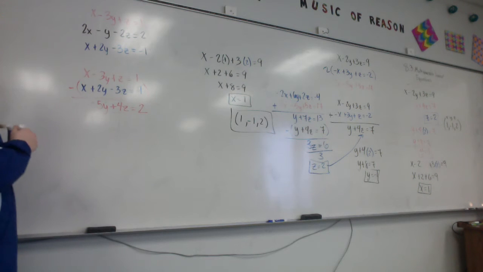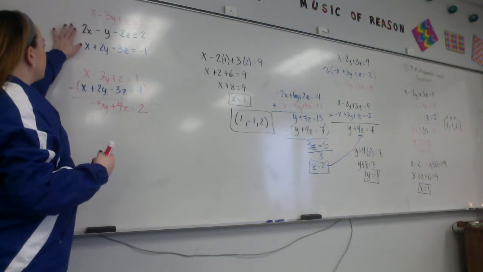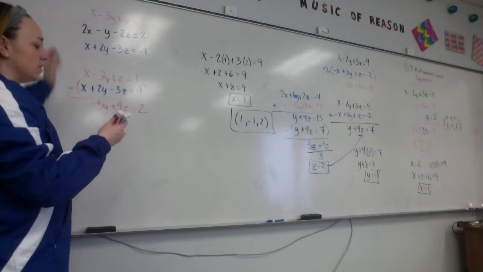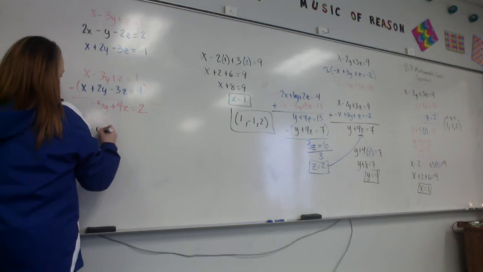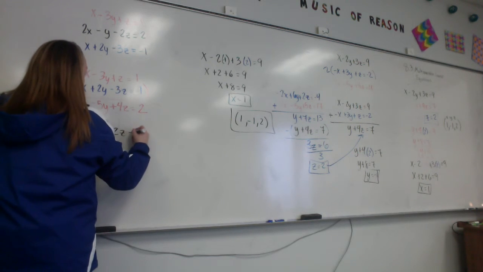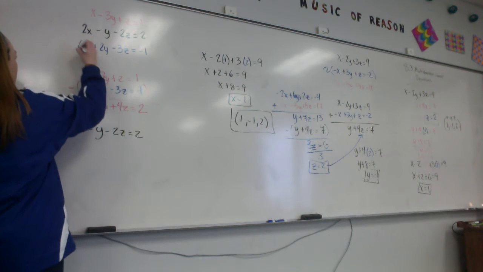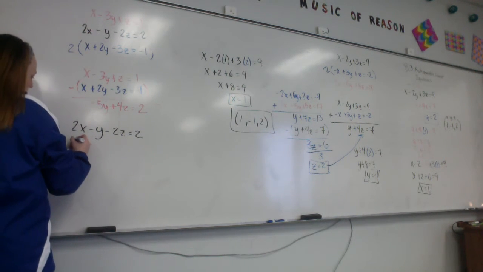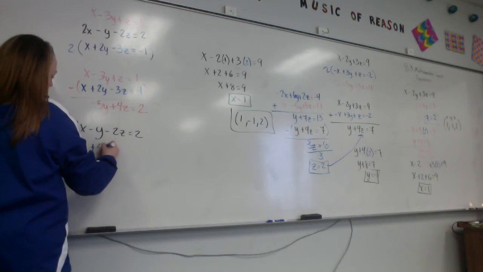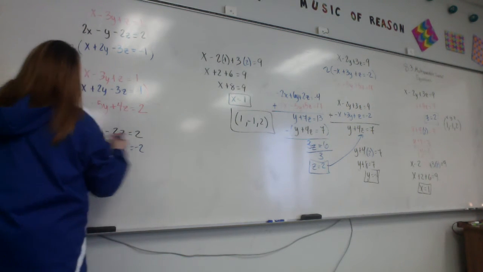Now, I need to use one of these two equations to go with the black one, I'm just gonna use the blue one because it's right there. And I'm gonna say 2x minus y minus 2z equals 2. I'm gonna multiply this blue one by 2 as well, okay? So then I get 2x plus 4y minus 6z equals negative 2.